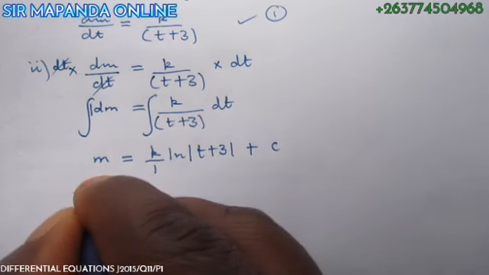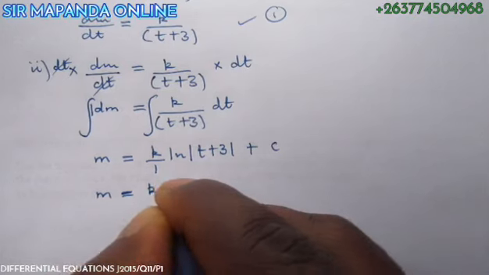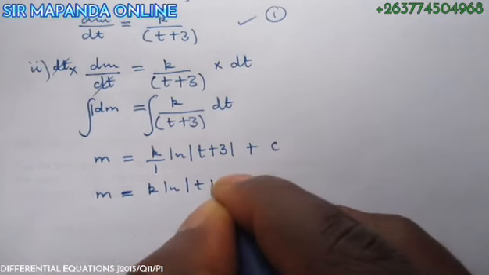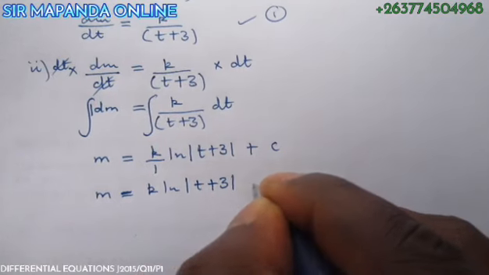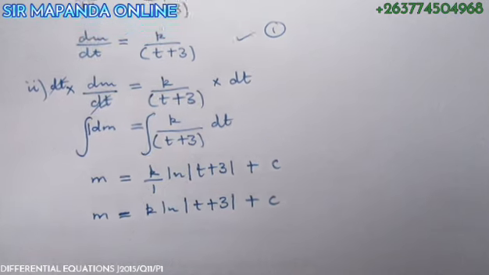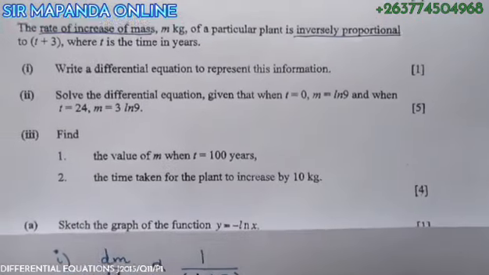Right, so I'm going to write m is equal to k ln of t plus 3, then plus c. We now need to find the value of c and the value of k. So you need to understand the given information attached to the question.